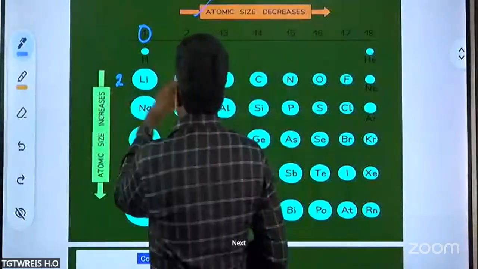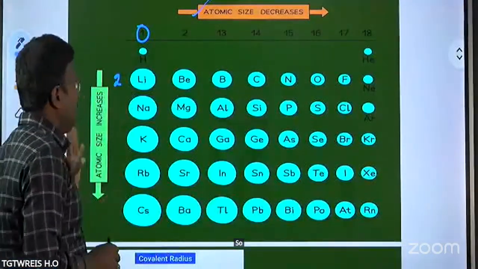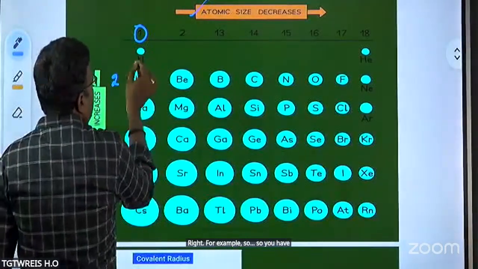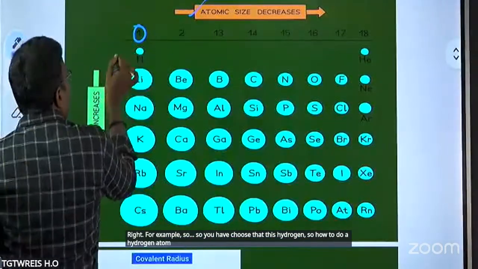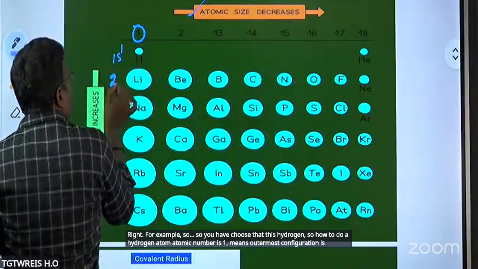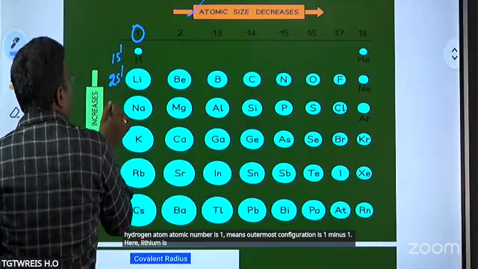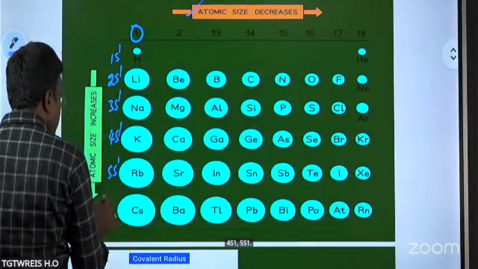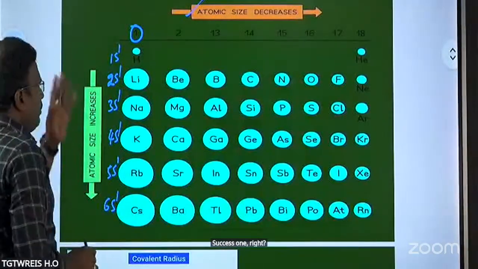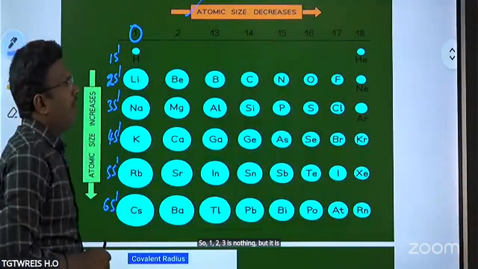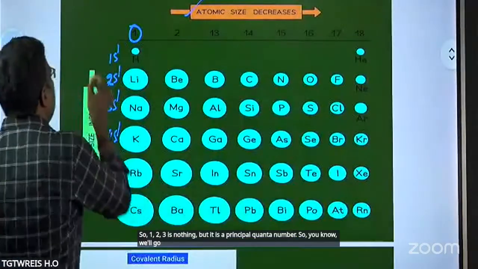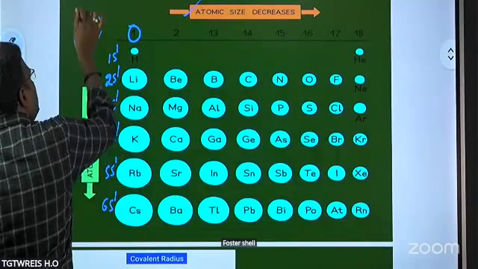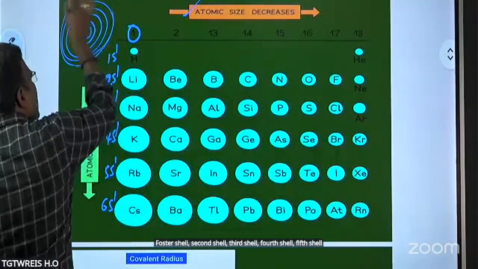Next we go to a period. For example, choose hydrogen: atomic number is 1, so outermost configuration is 1s1. Lithium is 2s1, then 3s1, 4s1, 5s1, 6s1. Here 1, 2, 3 is the principal quantum number. Going by Niels Bohr's model: the nucleus, first shell, second shell, third shell, fourth shell, fifth shell, sixth shell, seventh shell.